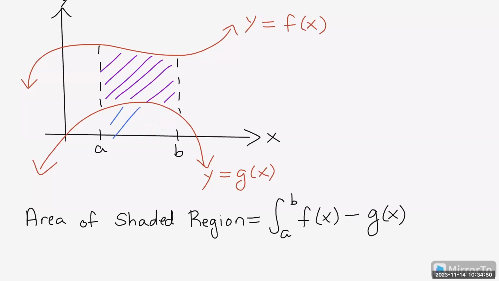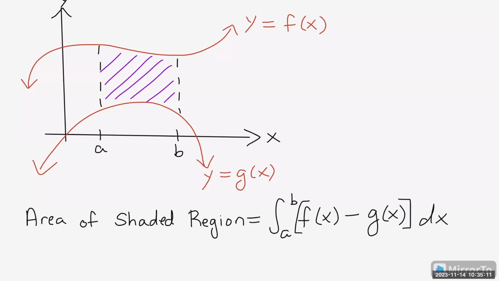And so I don't want that area. I just want the area that's between f of x and g of x. And now I'll put the dx. This is our guideline for finding the area between two curves.